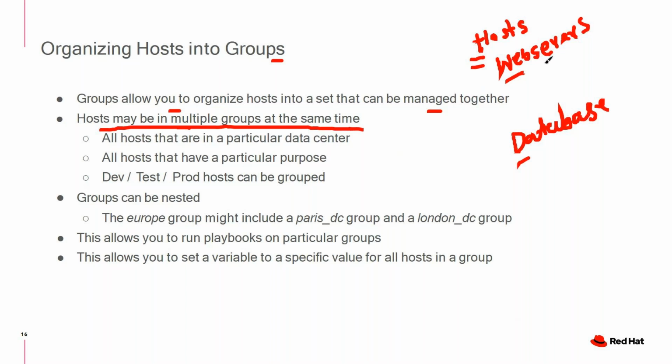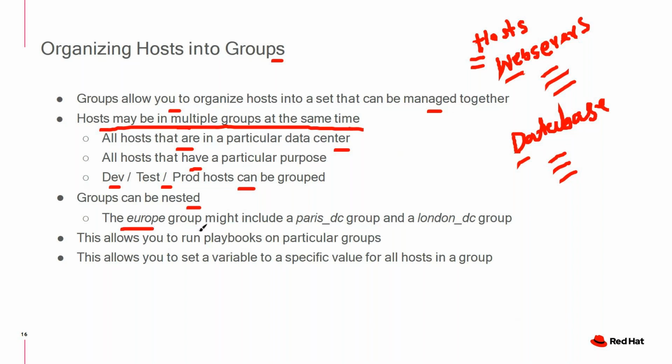For web servers, you can define a list of your web servers, and you can define here a list of your database servers. All hosts that are in a particular data center, or all hosts that have a particular purpose, like dev, test, production, can be grouped. Groups can be nested. Within a group, you can define more things.